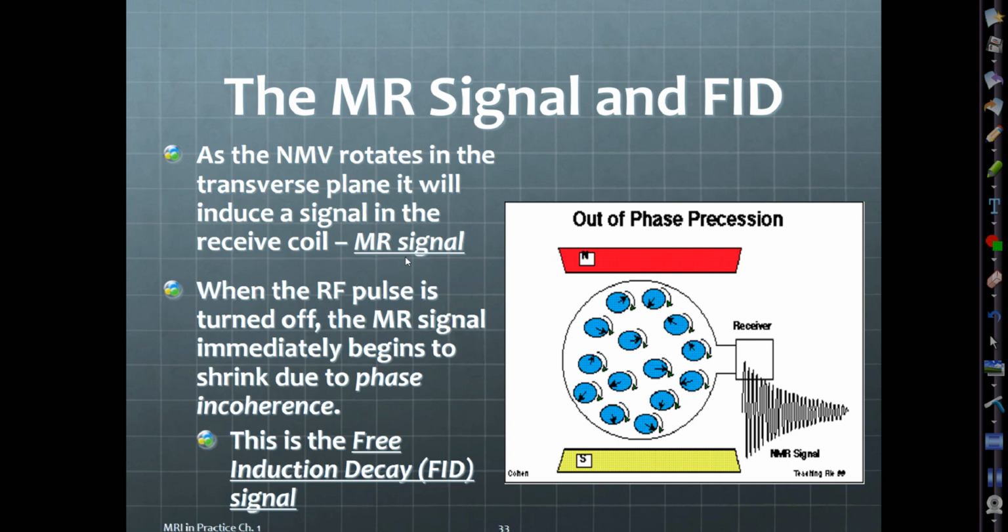So as we turn off that RF pulse, our spins now are going to be incoherent. And if we have spins that are next to each other that are different phases, our signal starts to decay, and it decays very rapidly, like in the order of milliseconds.